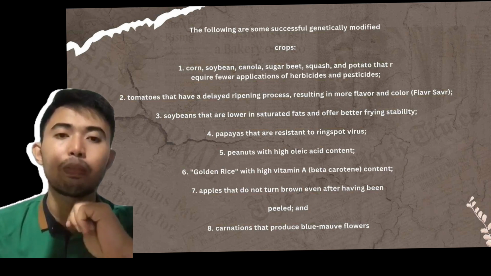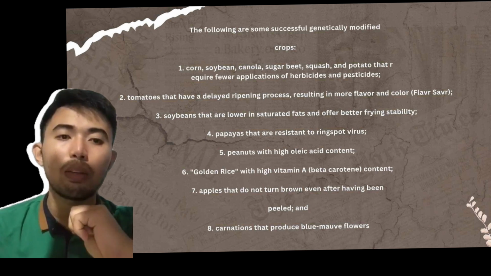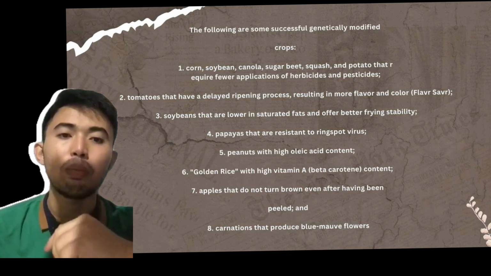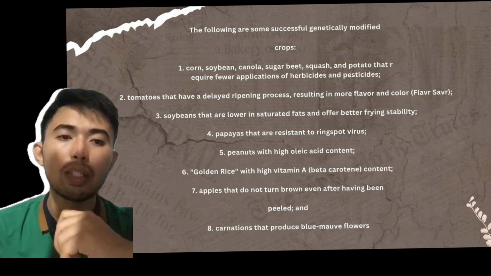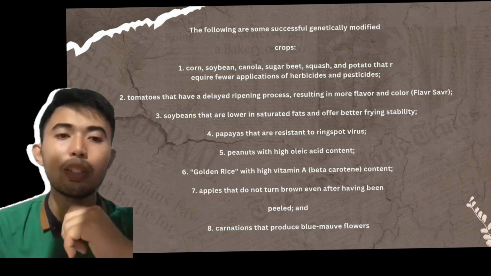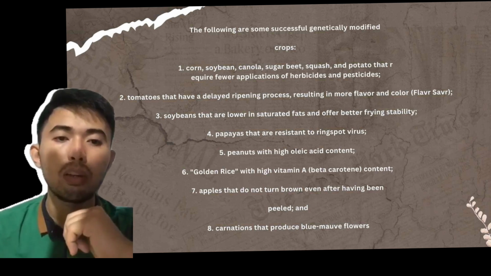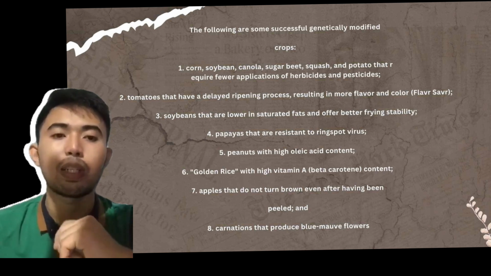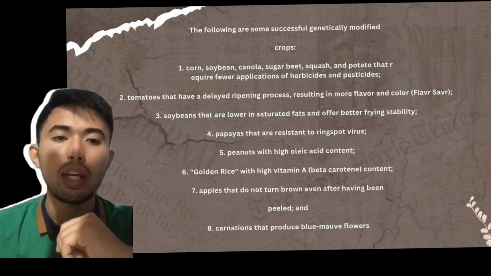Number 3, soybeans that are lower in saturated fats or offer better frying stability. Number 4, papayas that are resistant to ring spot virus. Number 5, peanuts with a high oleic content. Number 6, golden rice with high vitamin E or beta carotene content.